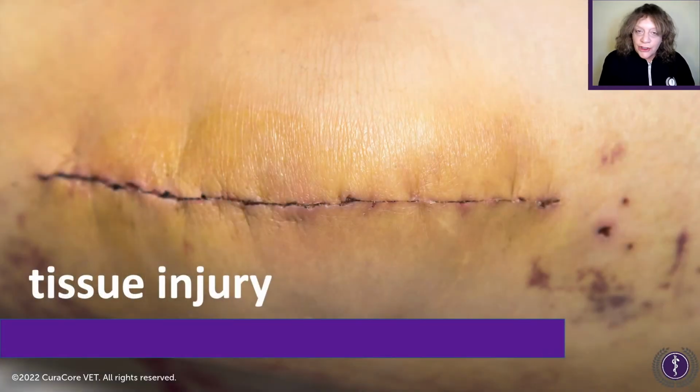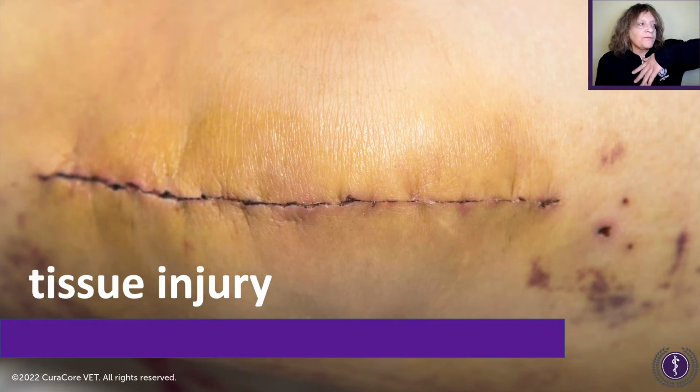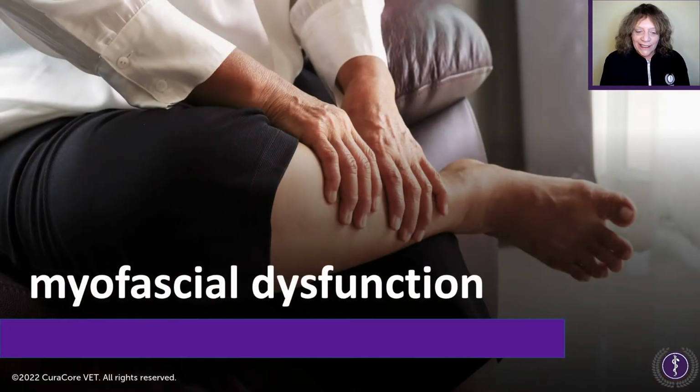There's tissue injury, whether or not you've had surgery or will have surgery. There's tissue injury that has happened as a result of whatever mechanical strain, whatever kind of trauma, whatever kind of degradation, and a prolonged inflammatory cascade that's been going on in that joint.